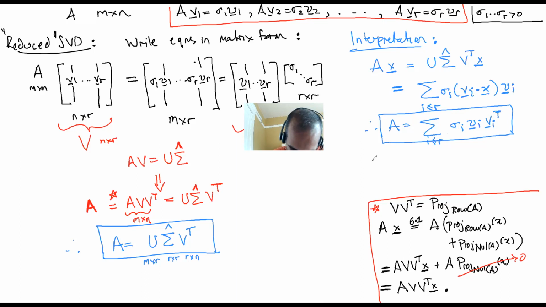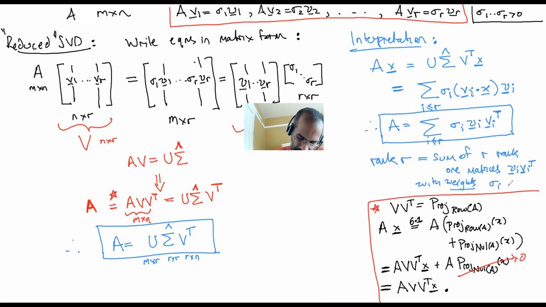So a rank R matrix is a sum of R rank 1 matrices which look like Ui Vi transpose with weights, the singular values. That's the interpretation of the reduced SVD.